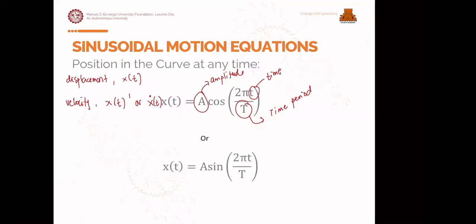Ibig sabihin first derivative. Okay? Then, si acceleration, para makuha natin siya, we need to get the second derivative nung displacement natin. Okay? So, kailangan kunin natin yung differentiation ng formula natin.